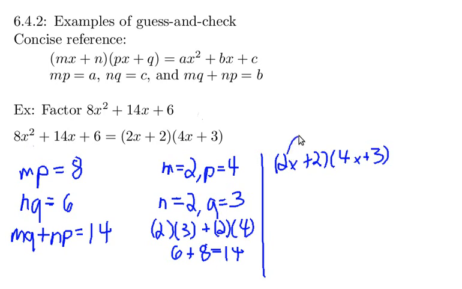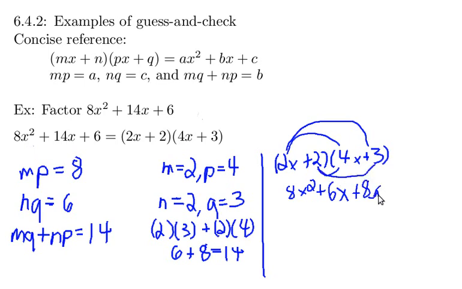And so we have 2x times 4x, so that'll give us 8x squared. And then 2x times 3, that'll give us plus 6x. And then 2 times 4x will give us plus 8x. Then 2 times 3 will give us plus 6.